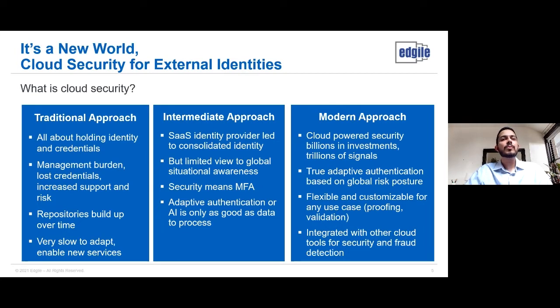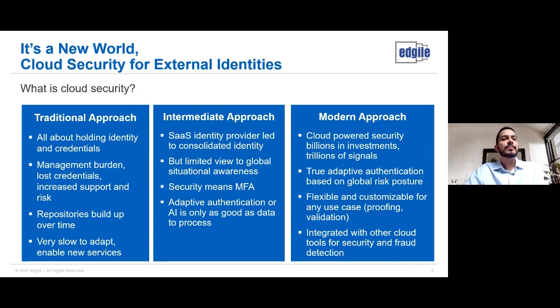The security model was focused more on endpoint security by providing features like multi-factor authentication, but they have a limited view into how you could adapt to global situations and threat scenarios. And the AI is only as good as the data it can process. It lacks visibility into where, how, and when the data is being accessed and what actions need to be taken on a particular transaction. So that takes me into the modern approach.